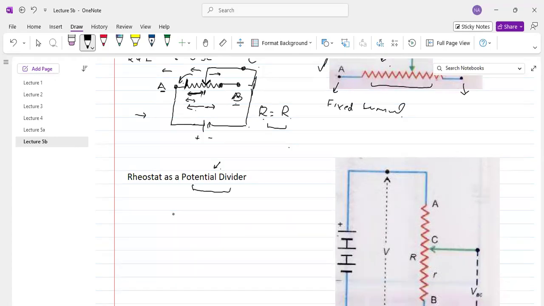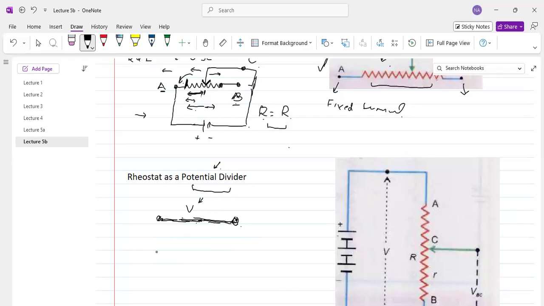A potential divider is a device such that if we have a potential difference V between 2 points, we can have some arrangement with the help of which we can obtain the value of potential which we want from this.